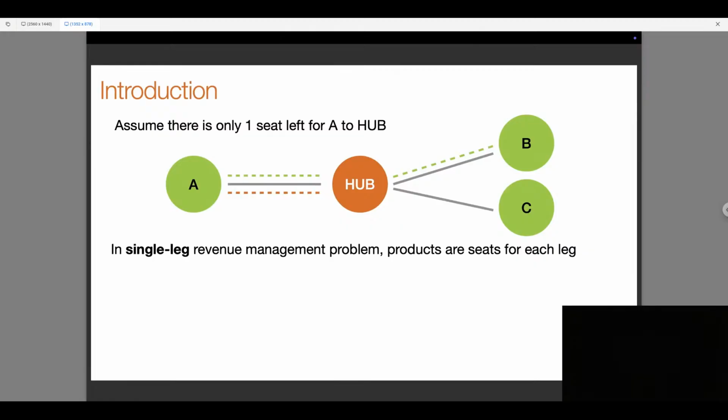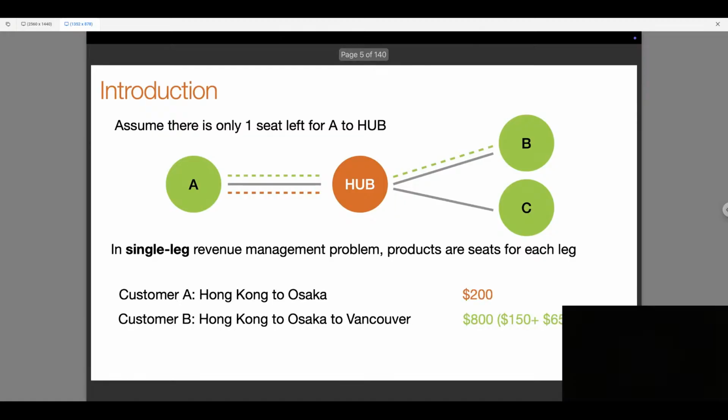In the single leg revenue management problem, the products are seats for each leg, that is the A to hop flight or the airplane I mentioned before. So here we have two customers.